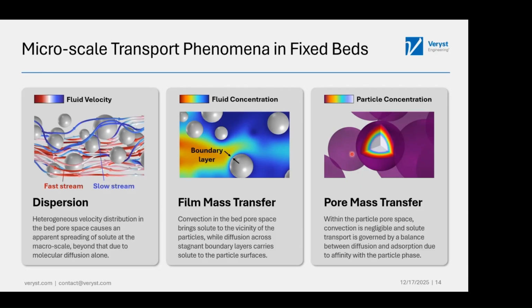So when you're modeling pore mass transfer, generally you're only thinking about diffusion and any chemical reaction or adsorption or desorption processes that are happening. Again, this is important in chromatography and also in lithium-ion batteries, through lithium intercalation in the electroactive particles of a battery electrode.